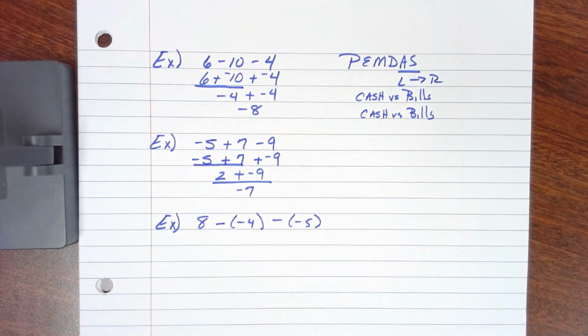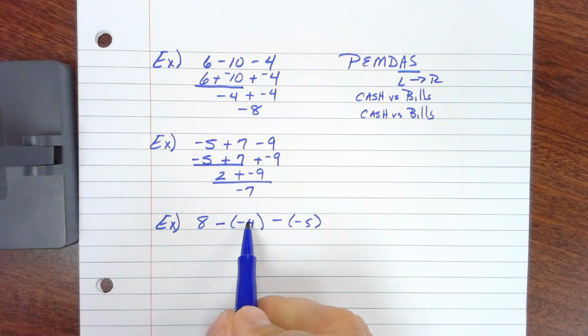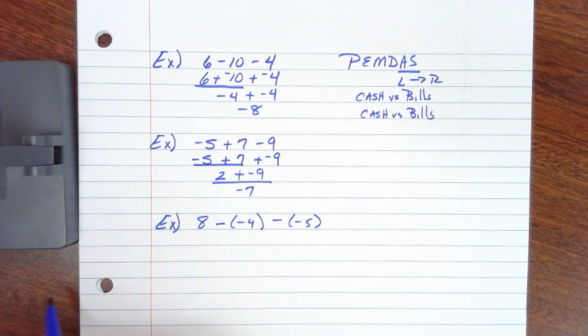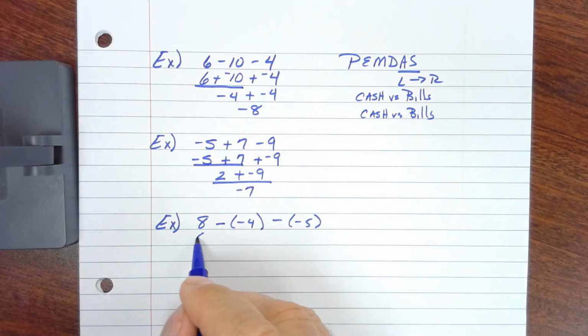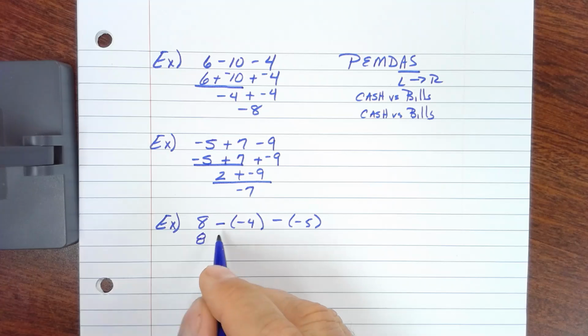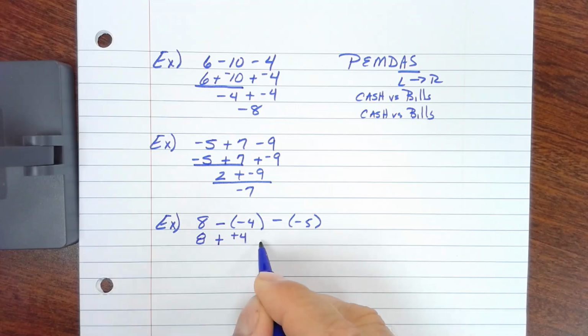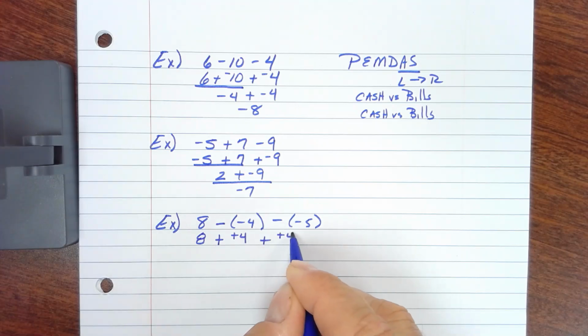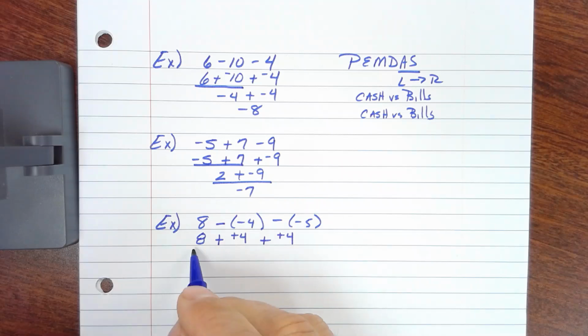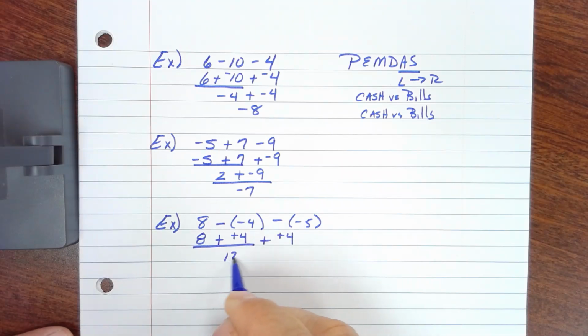So we have 8 minus a negative 4 minus a negative 5. Add and change the sign. Add and change the sign. 8 plus 4 is 12. Copy down the plus 4. 12 plus 4 is 16.